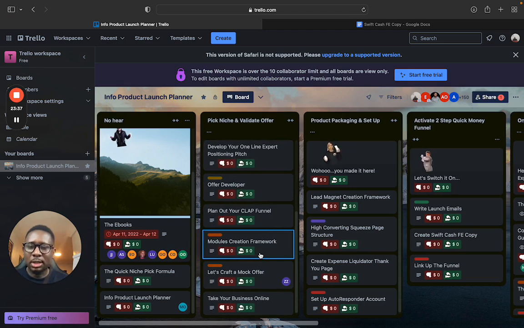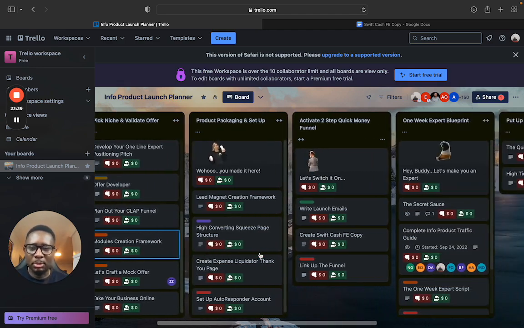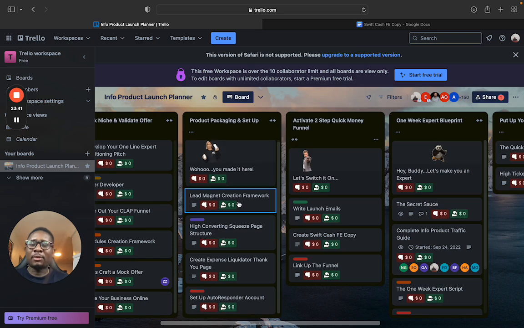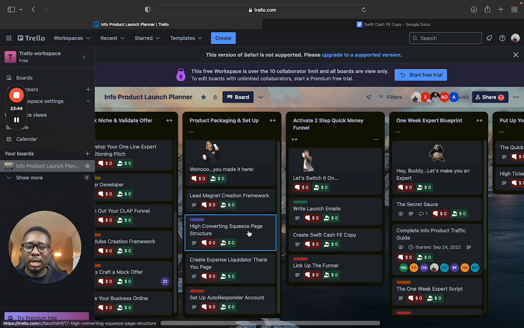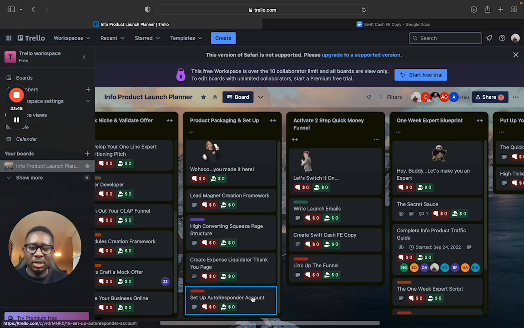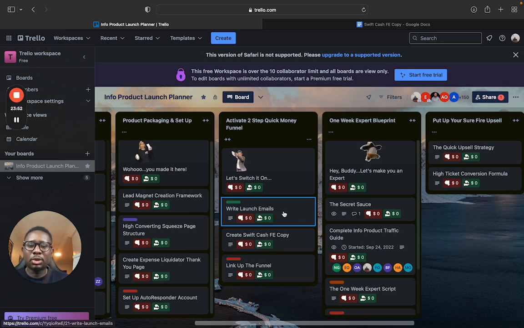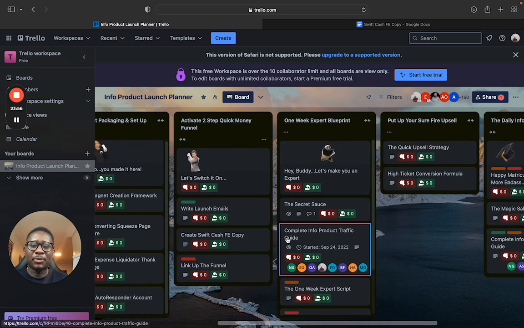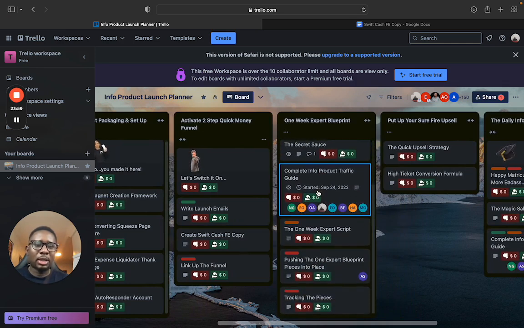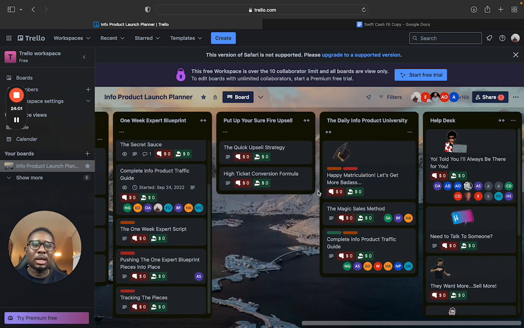If you're creating a course, how to plan out your modules, templates you can use to plan out your modules. We have templates you can use to create lead magnets, templates you can use to create squeeze pages, thank you pages. We also have templates for creating launch emails, writing out your tripwire sales letter. We also have different templates. There's a lot of stuff that is packed out here.